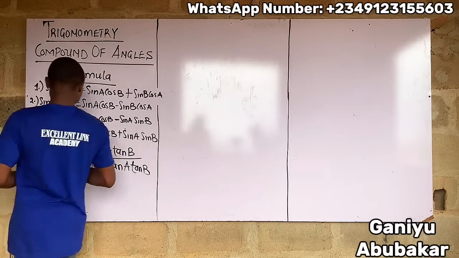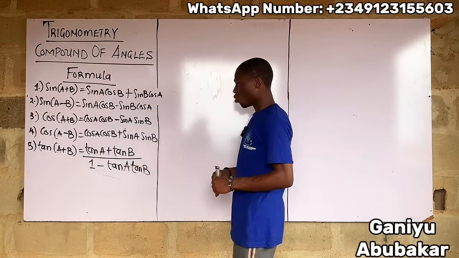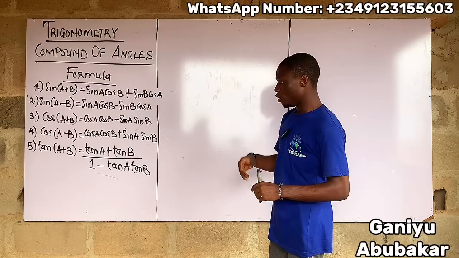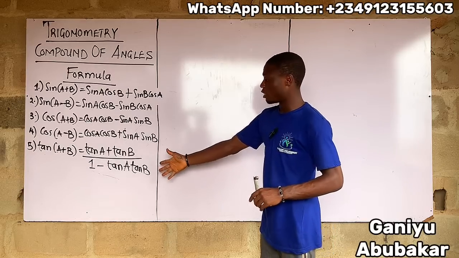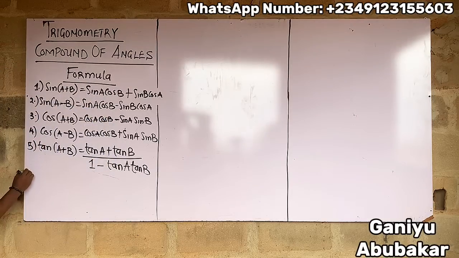So note that if I have tan A plus B, this becomes my expression: tan A plus tan B all over 1 minus tan A tan B. So I have this expression for tan. Let's consider when it's negative. Number 6.